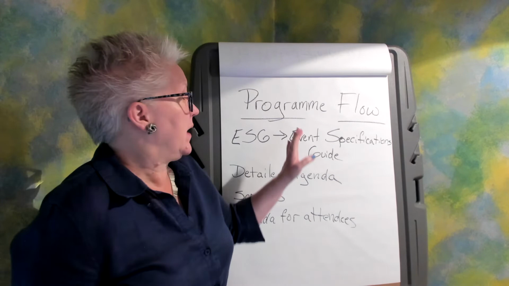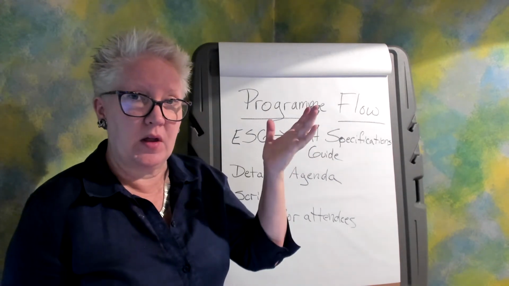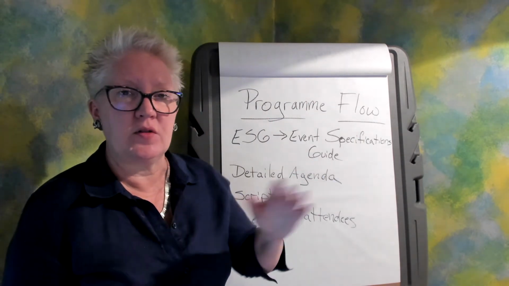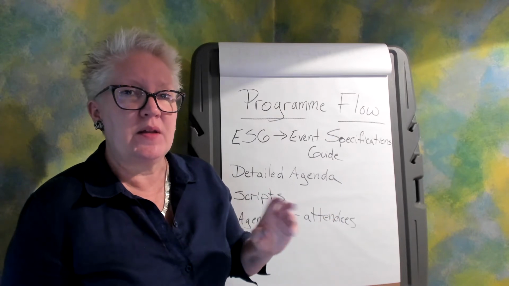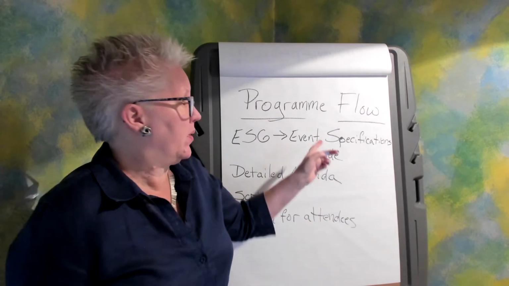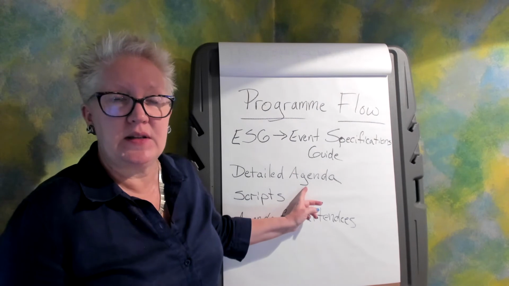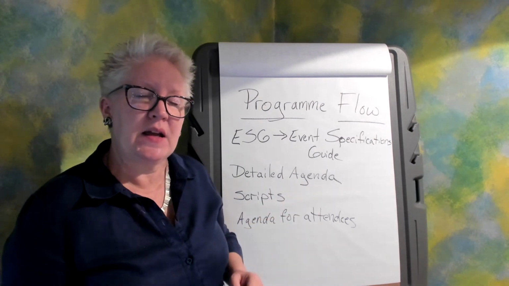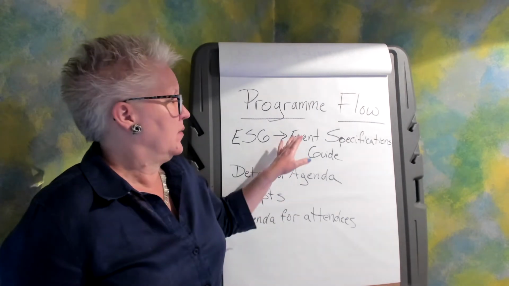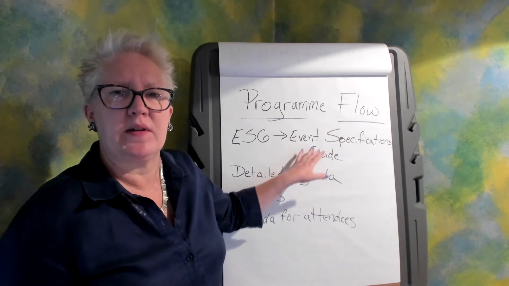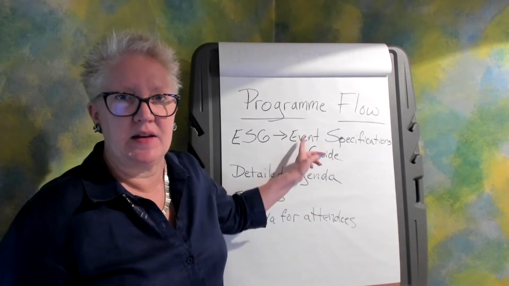So this is your everything, but from that everything, you may draw other documents and information to pass to specific people. Looking at the whole idea of the program flow, the overall start to finish event, three of the main ones that you will be pulling from this information are the detailed agenda. Now a detailed agenda is, I don't want to say a step below, but a step less complicated than this.